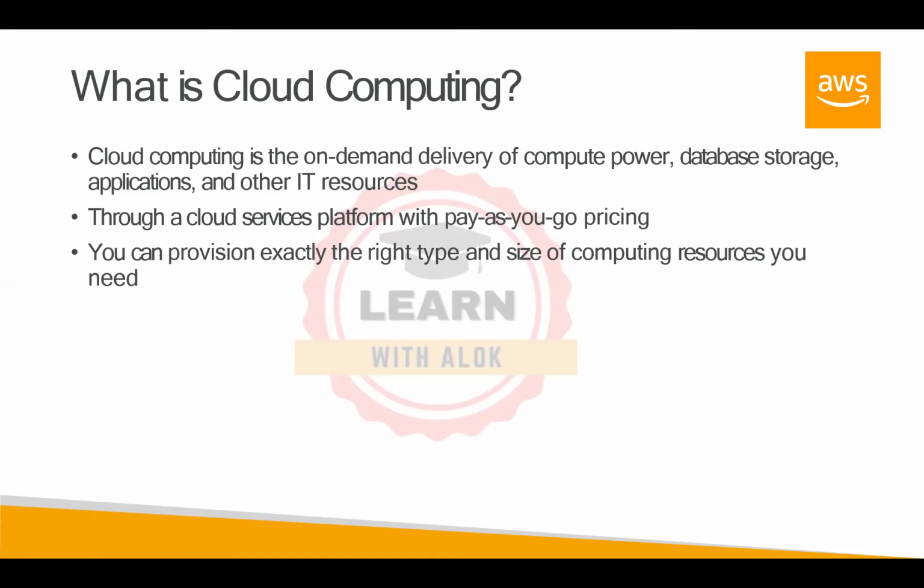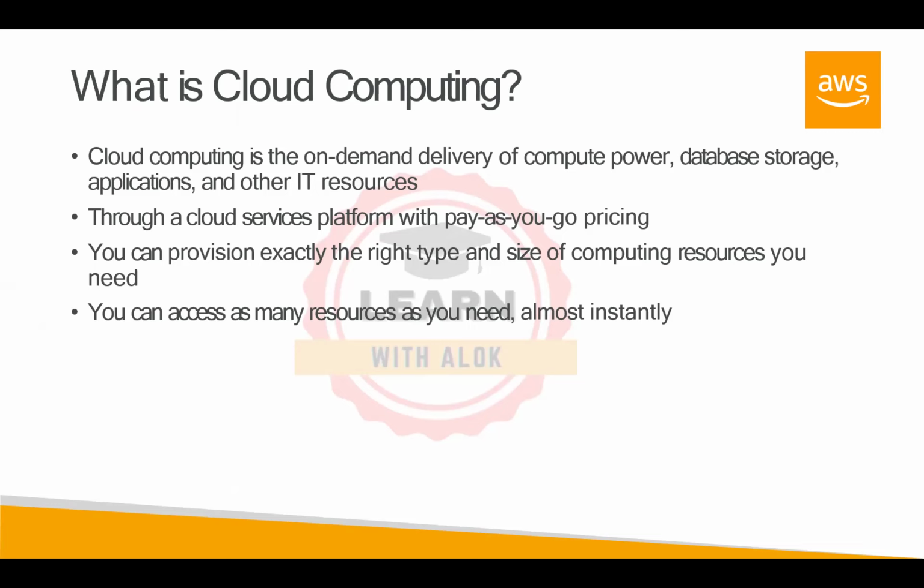You can access as many resources as you need almost instantly, because it's just a click away. If you need, suppose, 100 servers in some minutes, you can provision using CloudFormation, and in a few minutes you will have hundreds of servers with the specification you have specified in the JSON document.